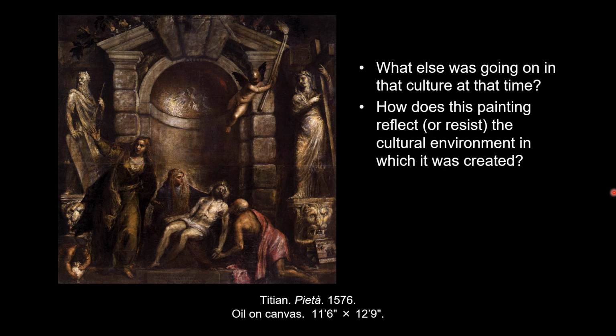There was a severe outbreak of the plague. Thousands of people were dying. One third of the city of Venice died of plague-related illness in the year 1576. And this work of art, this painting, was made in that cultural environment. And does this painting reflect that kind of experience?